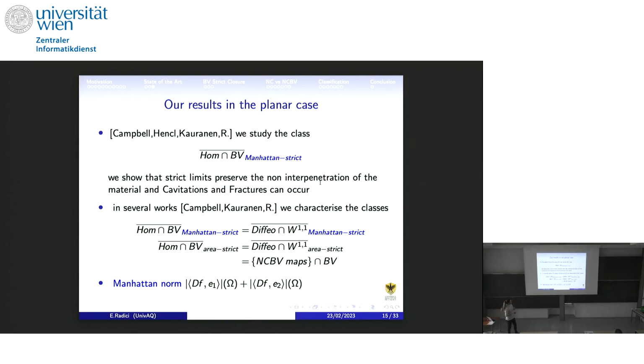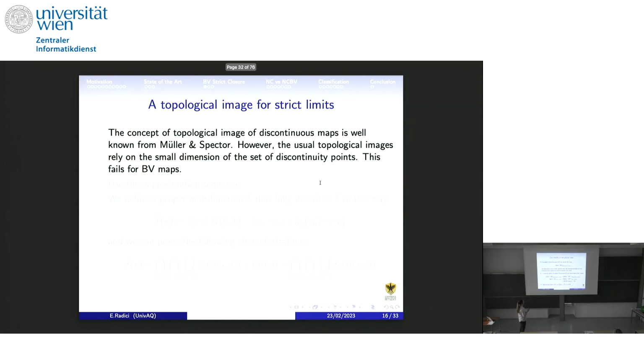What we actually prove with Daniel and Aapo is that the characterization of the closure with respect to the Manhattan strict topology is the NCBV condition. Before telling you what this NCBV condition is, let me tell you some nice properties of strict limits of homeomorphisms.